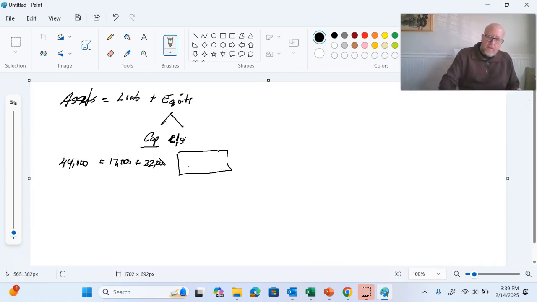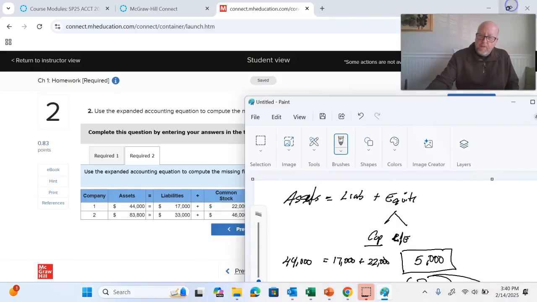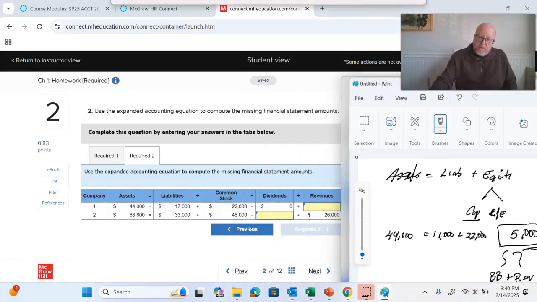Then I think my retained earnings must be 5,000. And then I know I have a beginning balance, then I have revenue, then I have expenses. Revenue increases, expenses decrease, and dividends decrease.